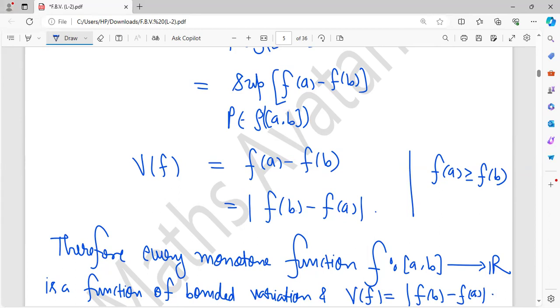If F is monotonically decreasing, then after exiting from the absolute value, it will be minus (FB minus FA), that is FA minus FB. Okay, so this is done.